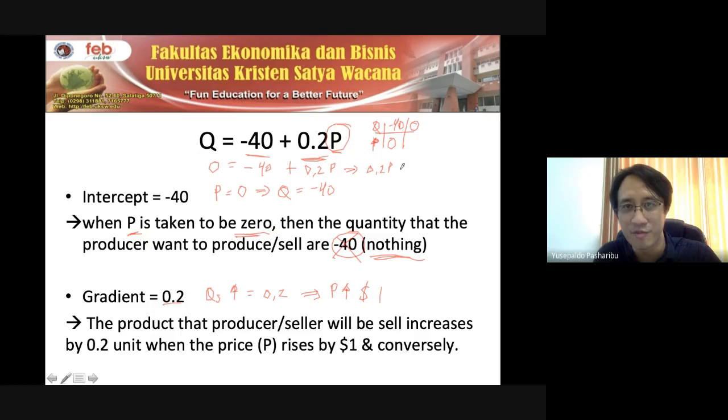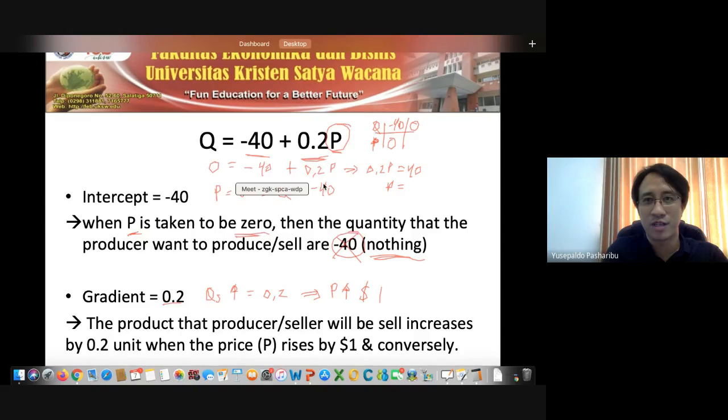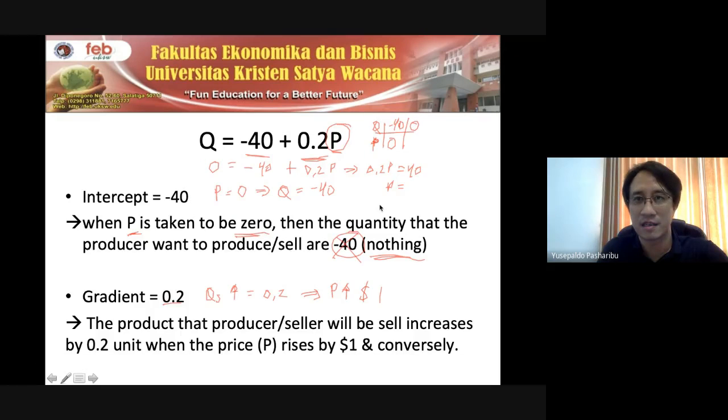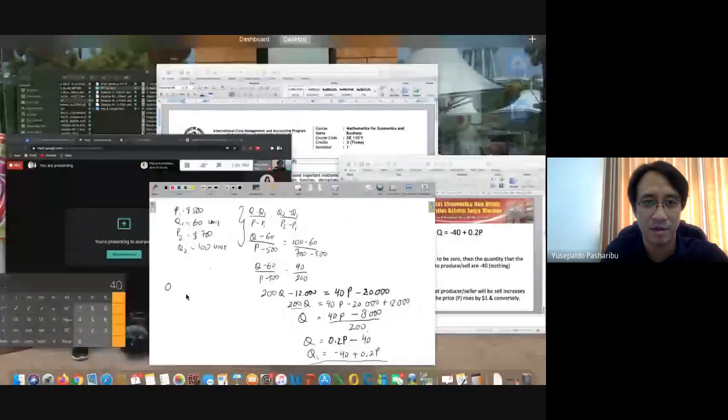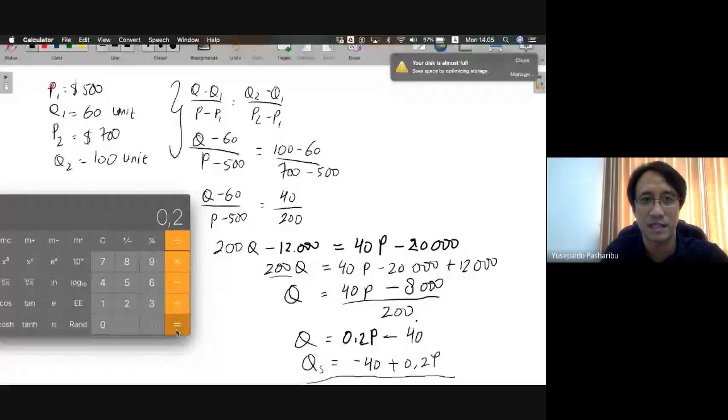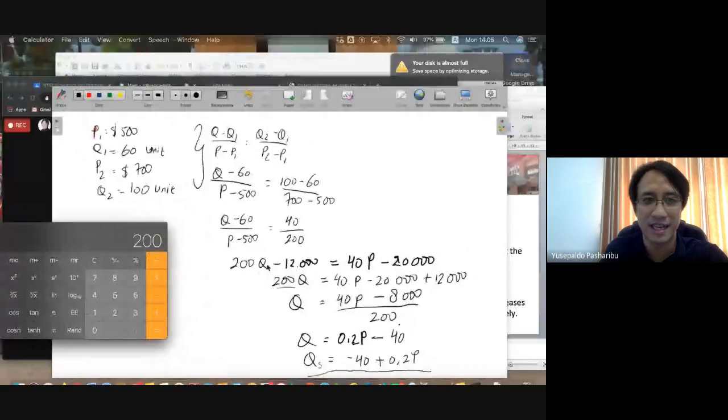If we move 40 there, P equals 40 divided by 0.2, which is 200.